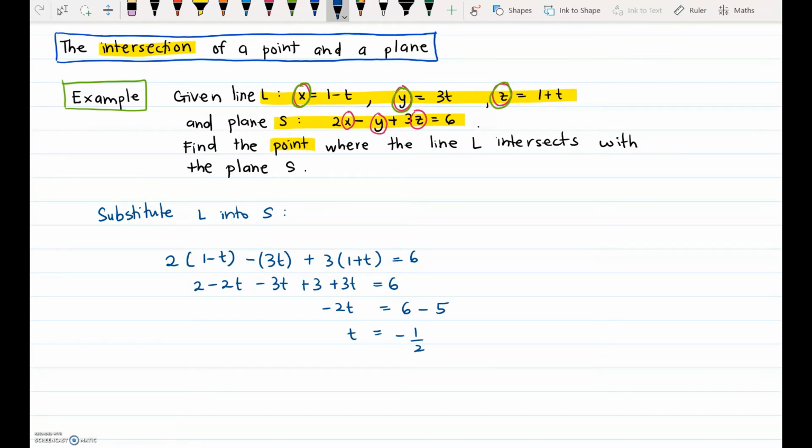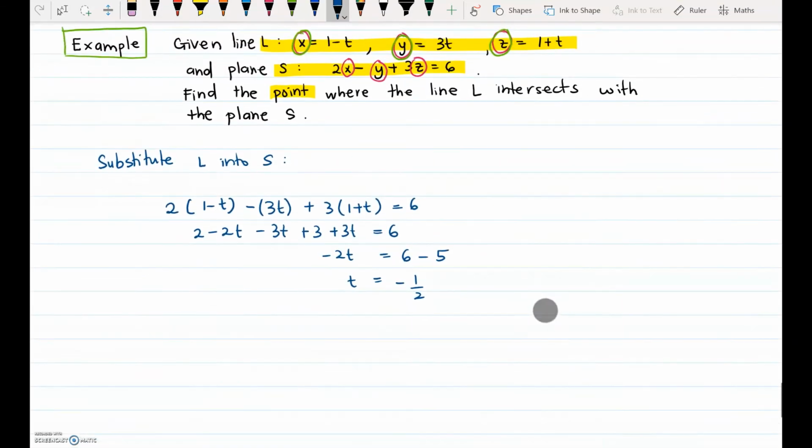So the next step is to substitute t equals negative 1 over 2 into L. Why? Because we want to find the point in the form of x, y and z.